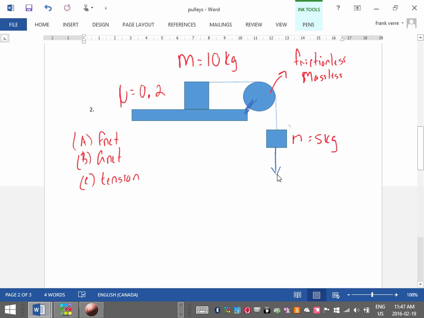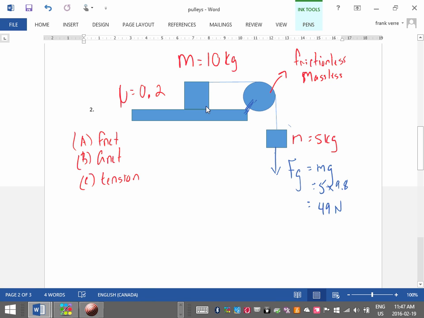So what do you think this force would be? Yep, it's weight. And we can easily figure out what that is, because it's just mg. So it's 5 times 9.8. That gives us a weight of 49 newtons, correct?